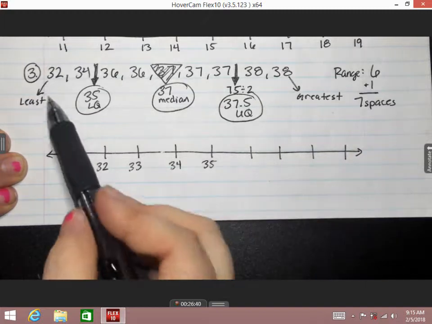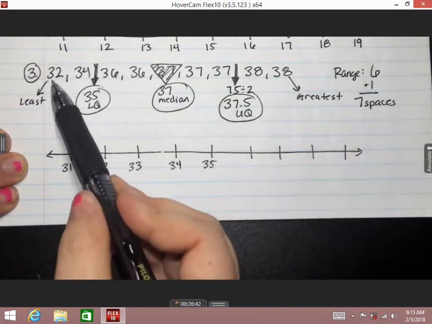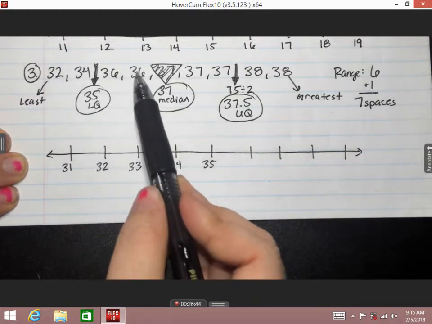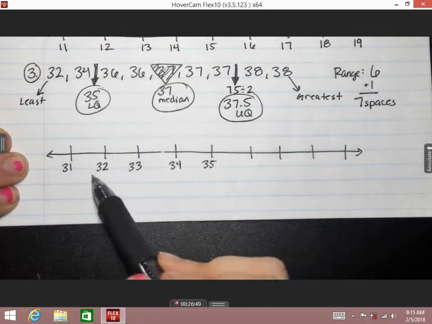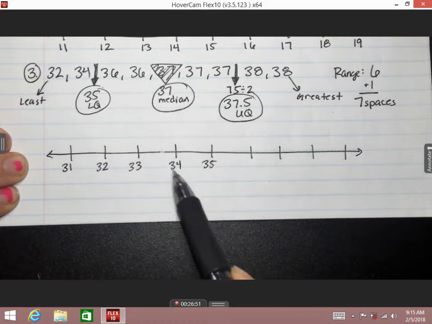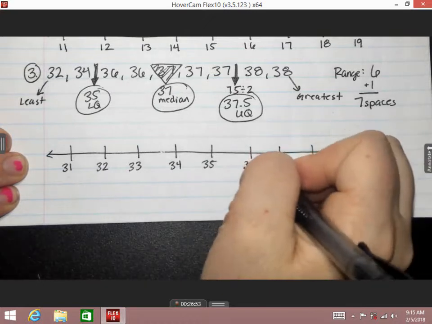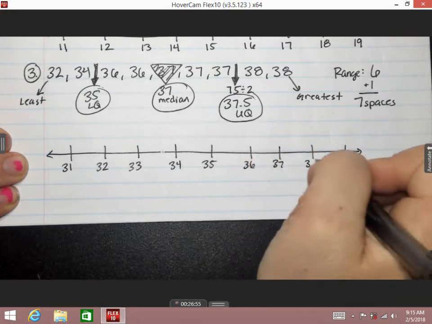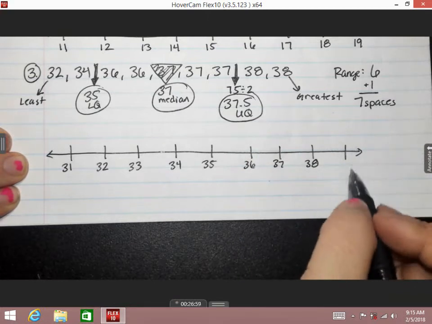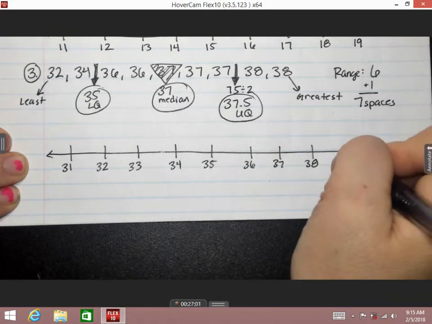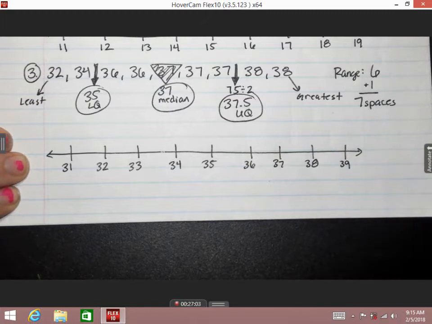Y'all don't judge, but earlier today I started numbering this wrong. It was a bad idea. Be careful. Make sure we're numbering these by ones. 31, 32, 33, 34, 35, 36, 37, 38. That's as far as we needed to go, but do I need to put another number? Since I have an extra space, I've got to put 39. If you don't have an extra space, do you have to put it? No.